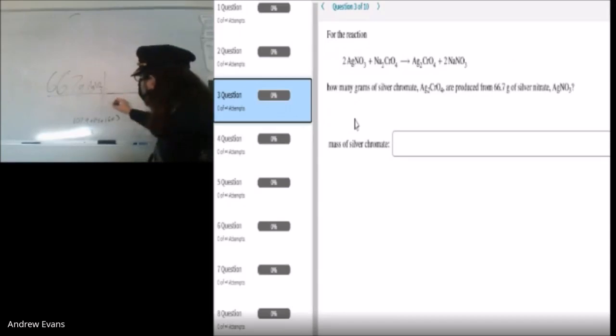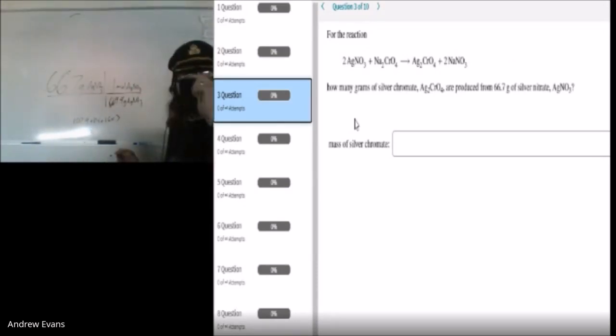So, do I divide? Do I multiply? Well, the question becomes, what do I have here? I have grams. So I need 169.9 grams of silver nitrate per 1 mole of silver nitrate.